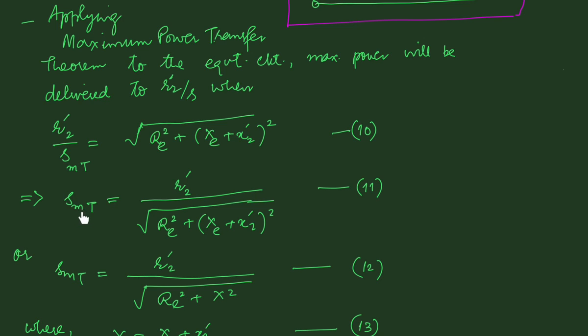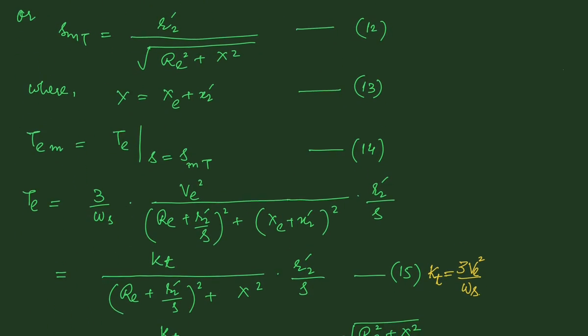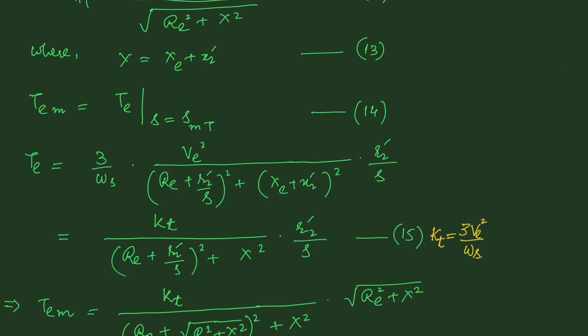And from this we get the value of S_mT, slip corresponding to maximum torque, as R2 prime divided by square root of Re square plus (Xe plus X2 prime) whole square, or this can also be written as R2 prime divided by square root of Re square plus X square, where X is equal to Xe plus X2 prime.